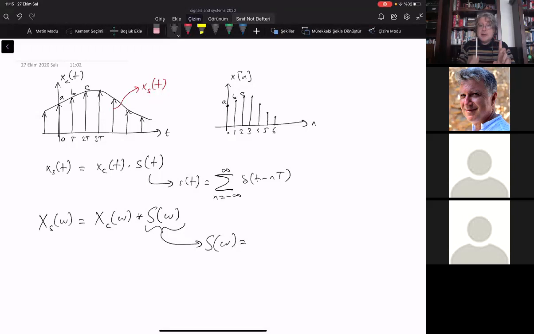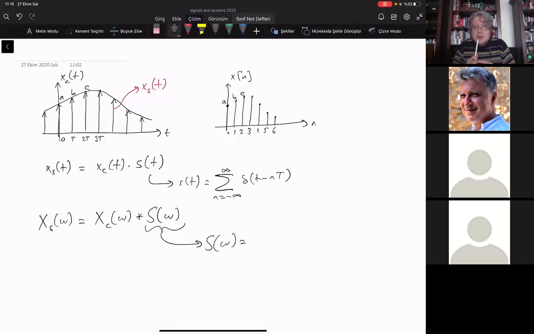So we have infinitely many sinusoids. There is a DC part corresponding to the impulse at 0, and all the others are sinusoids. If you sum up all those infinitely many complex sinusoids, it will give you an infinite summation of impulses.